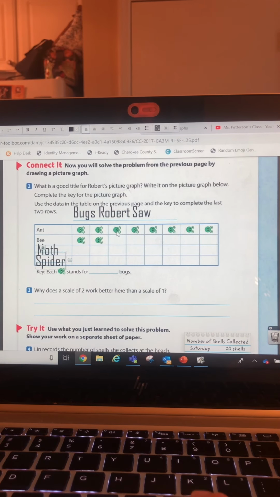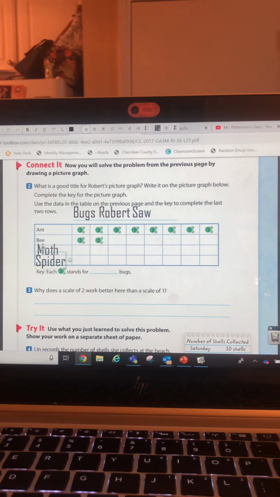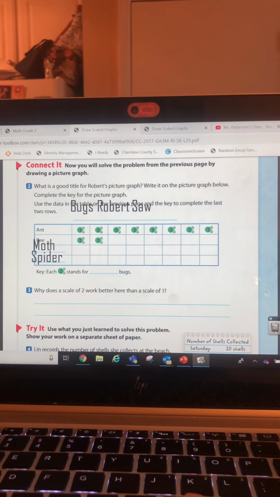So there's 8 of those, 16 total ants. I'm going to think, okay, what's 16 divided by 8? And I know that's 2. So I know that my scale or my key has to be 2 bugs. So each of these pictures is going to stand for 2 bugs.